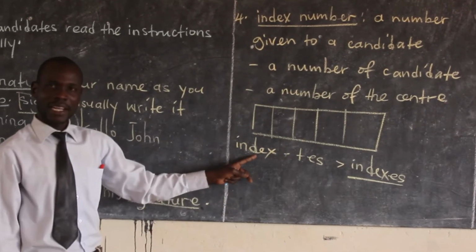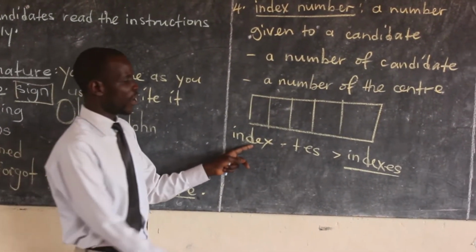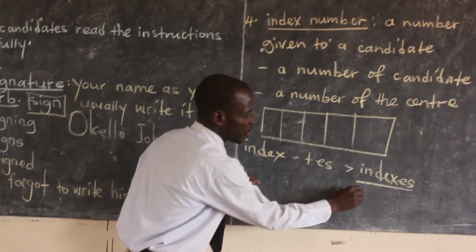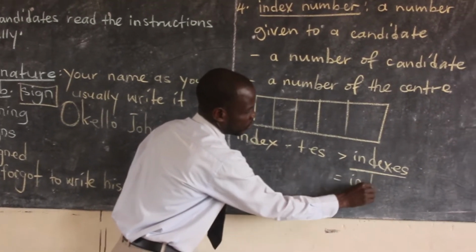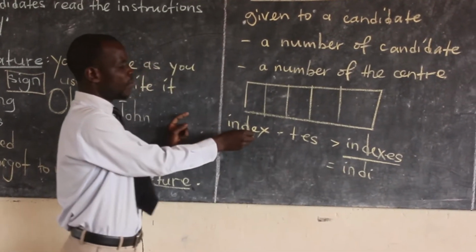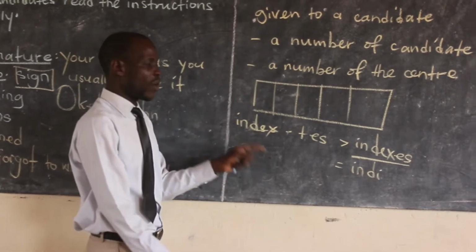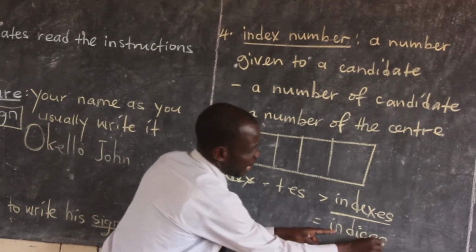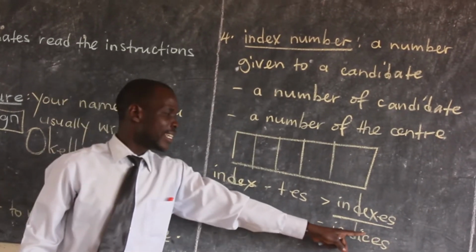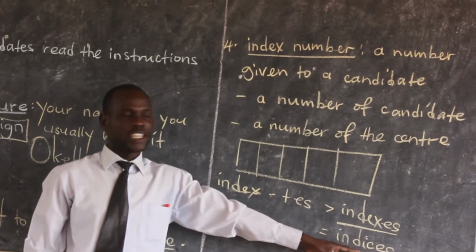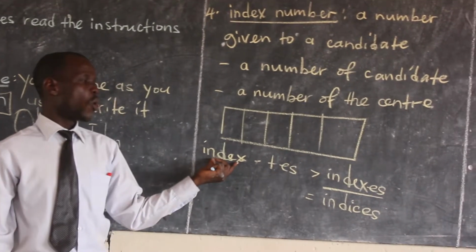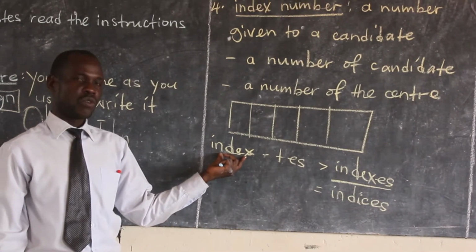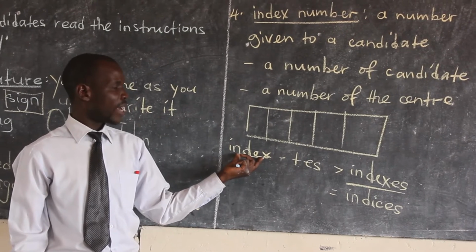That one we mark. Then another way is whereby you drop ex and you add ICES to form the word indices. This one changes from the original word. That's how you form the plural form of the word index.